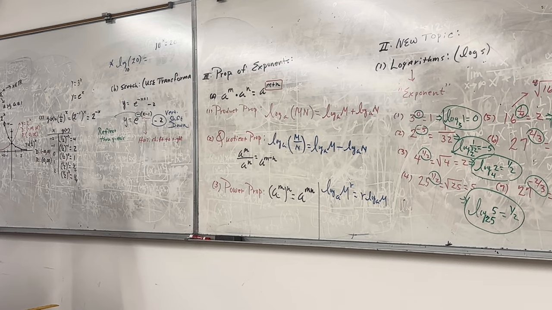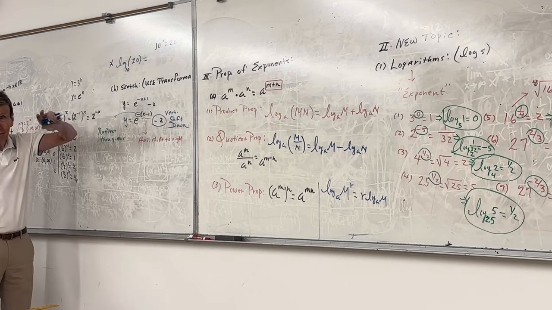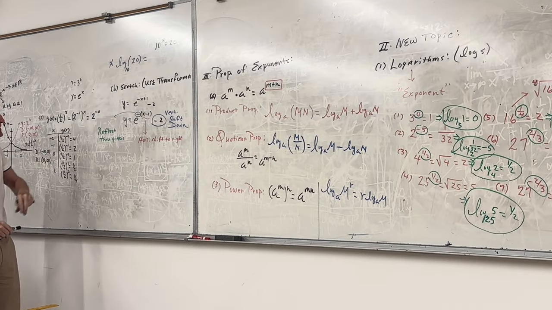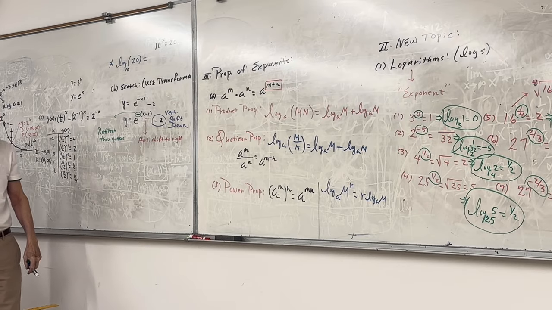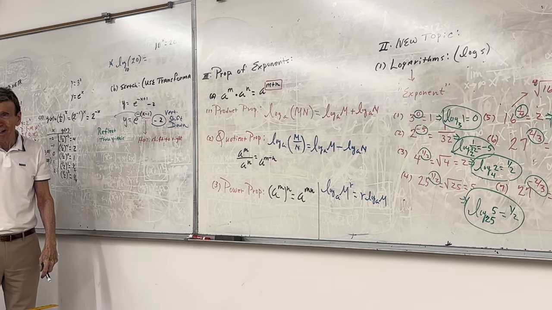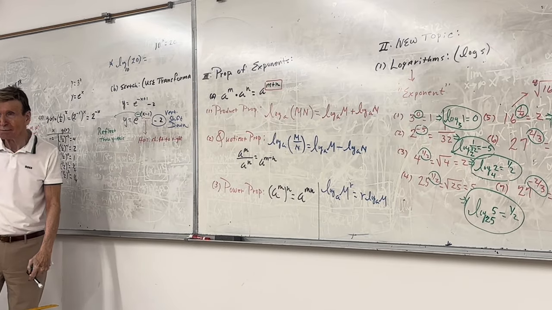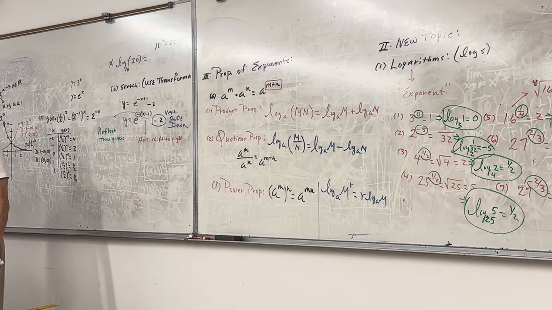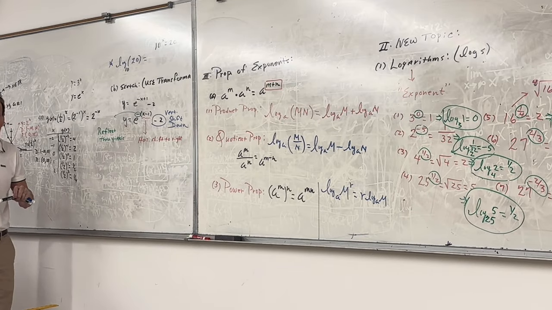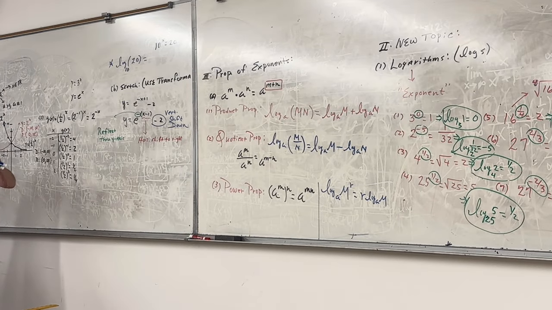But before we take a break, can anyone tell me another way, not necessarily the answer, another way to express log of 20 base 10 by using one of these properties? Use the power property. Hang on now. What power means you will have an exponent.